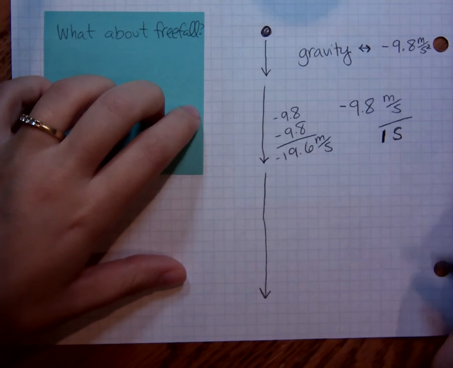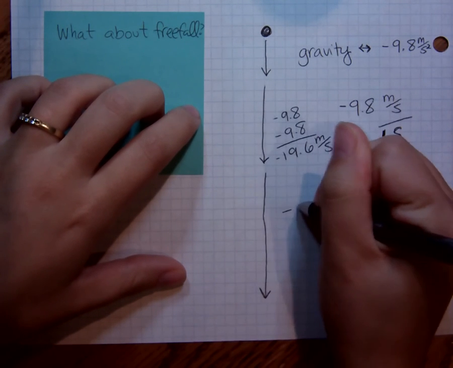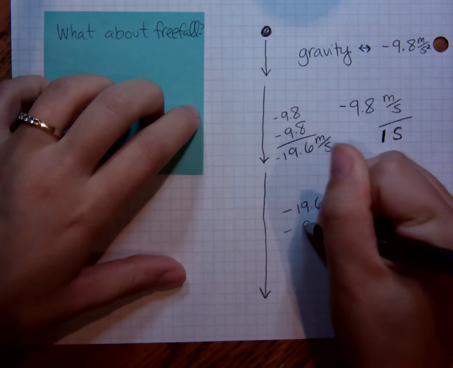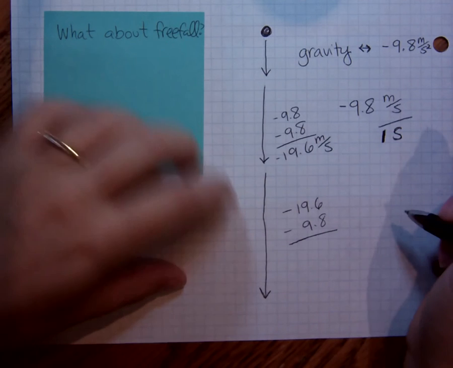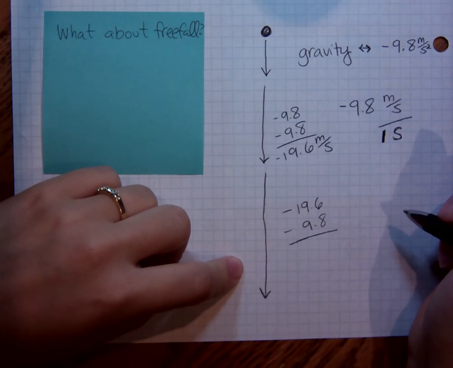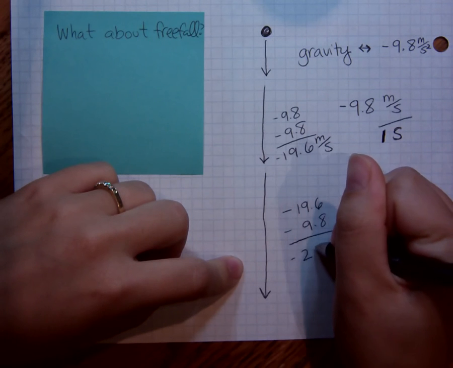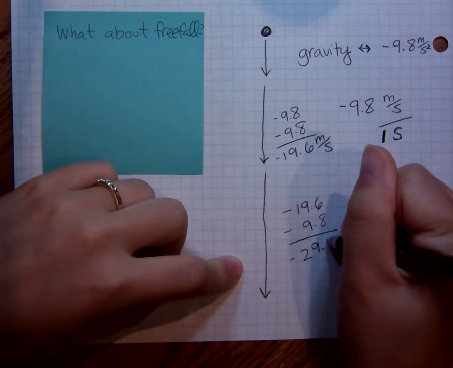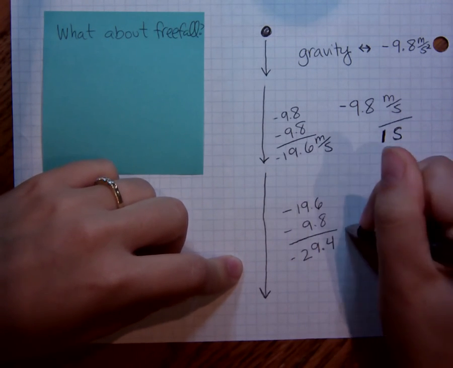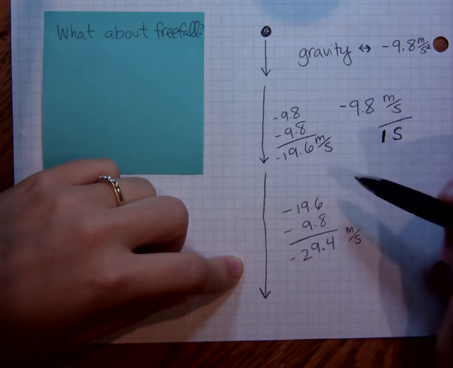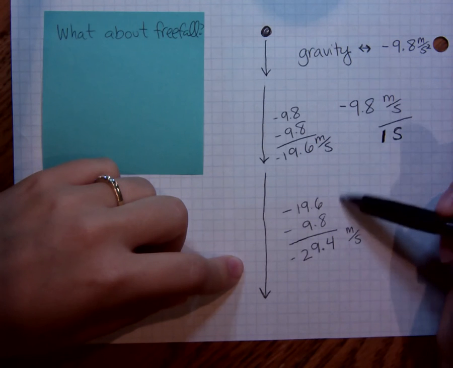And it keeps going on down. So down here, after 3 seconds, my ball is going to be falling at a rate of negative 29.4 meters per second. After every second, I just take off one of these.